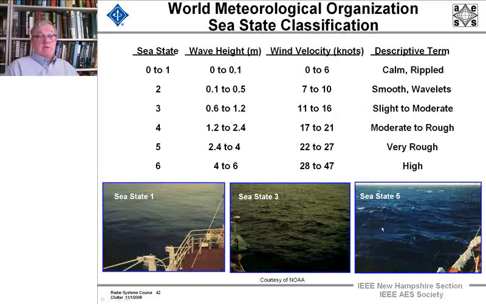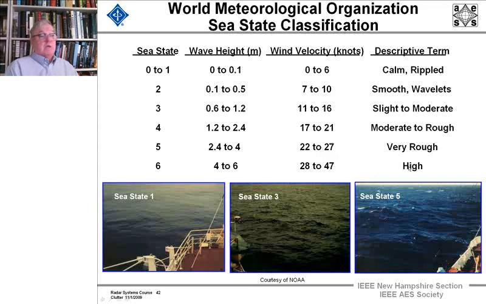And then we get up to Sea State 5, where we see whitecaps. Typically, naval radars are rated to have to work in Sea State 5, which is very rough conditions where you can have wave heights from 2 to 4 feet and wind velocities from the mid-20s up to 27 knots.